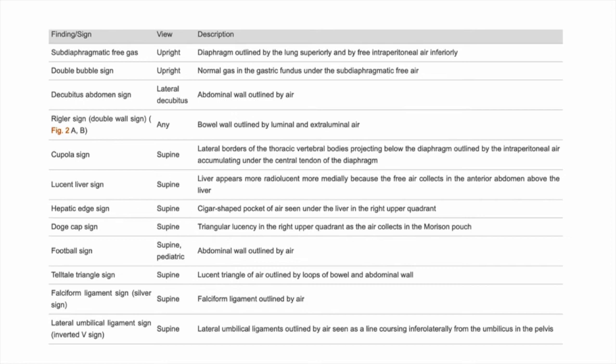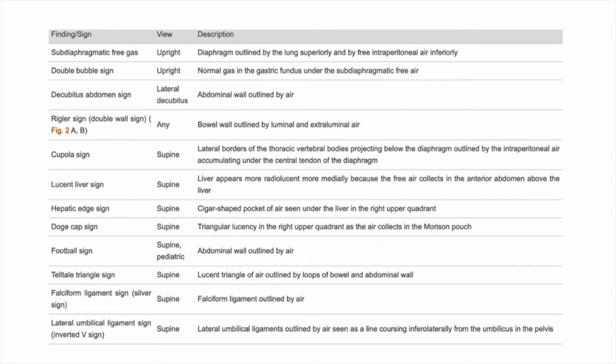Abdominal X-ray can guide you to the intraperitoneal gas. This intraperitoneal gas is more advanced, but you can look at it. For example, this is the free gas, the double wall sign, the cupola sign, and the Rigler sign.